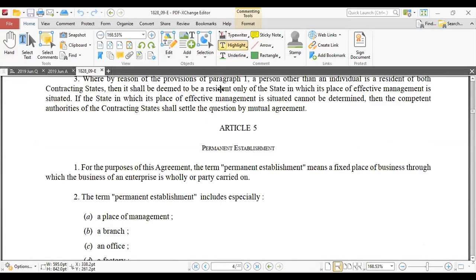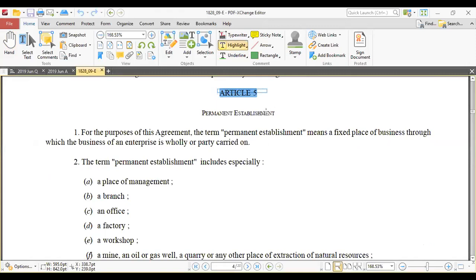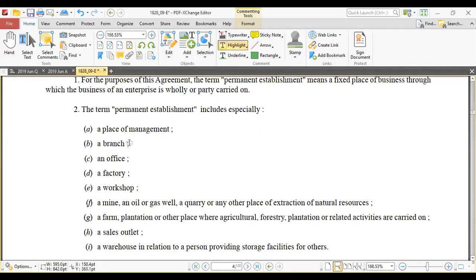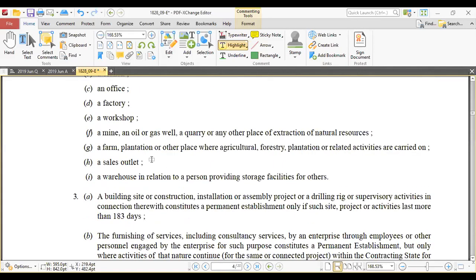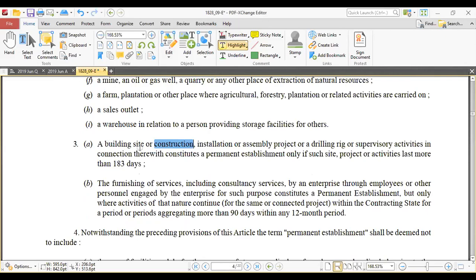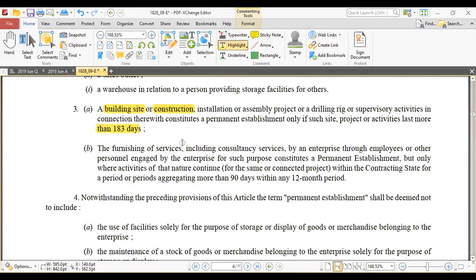If you refer to Article 5, the permanent establishment, you can see what we have discussed: the place of management, branch, office, factory, workshop. This is the basic. Then the construction PE, building site, construction says 180 days. Then the furnishing of services, in the case of India, is 90 days, but generally 180 days.